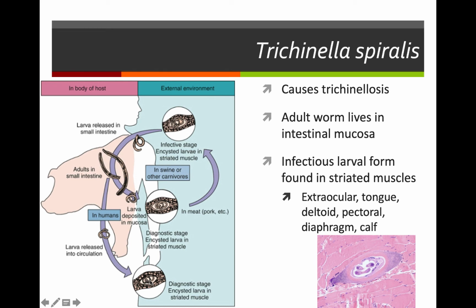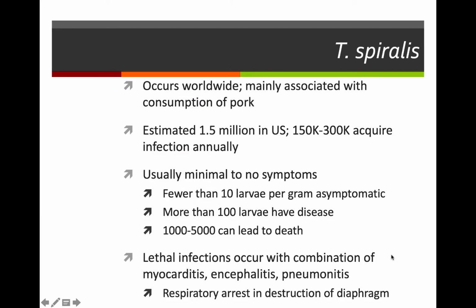And so the diagnostic stage is going to be something like this, a tissue biopsy that will show roundworm larvae in muscles. This infection is found worldwide, mainly associated with the consumption of pork. In the US, it's estimated that there are 1.5 million cases, with an additional 150 to 300,000 patients acquiring the infection every year.